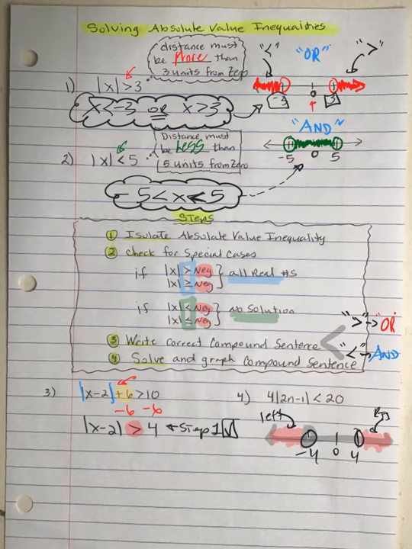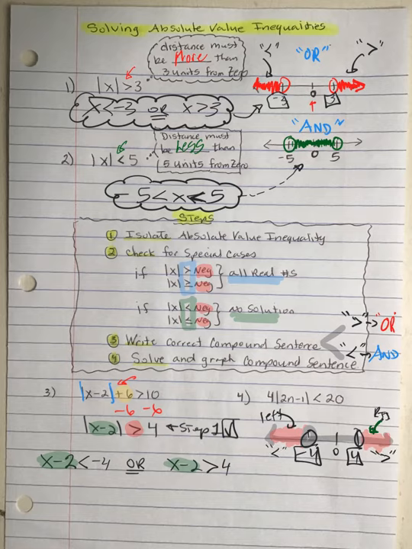So we have to write our compound sentence. x minus 2 has to be to the left of -4, which means less than -4, or x minus 2, right? Because we're writing what's inside here. We're writing what's inside. So x minus 2 has to be to the right of +4. So to the right of +4 would be greater than 4. So remember, to the right is greater than, and to the left is less than.